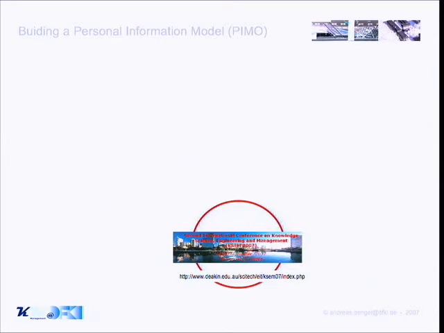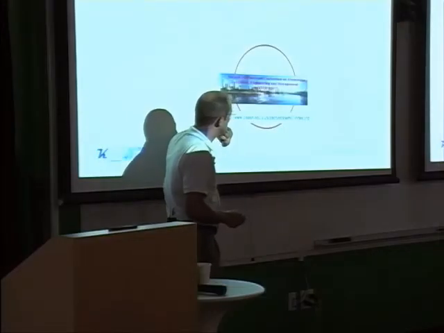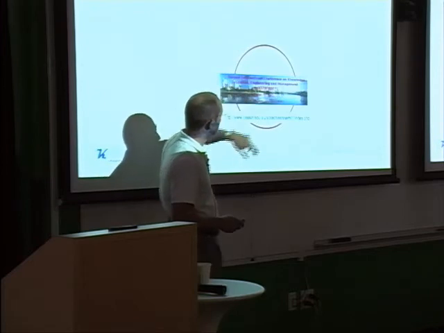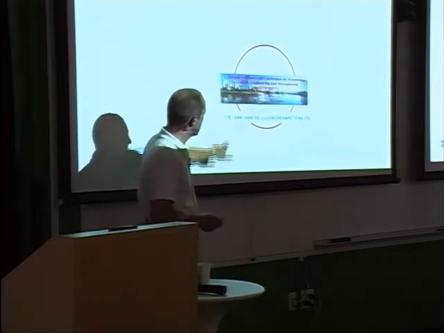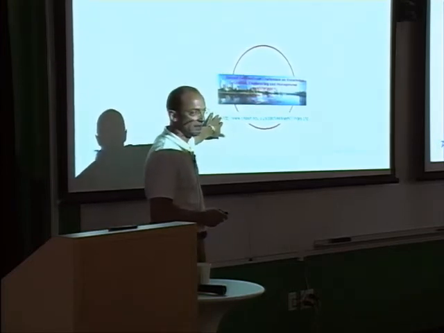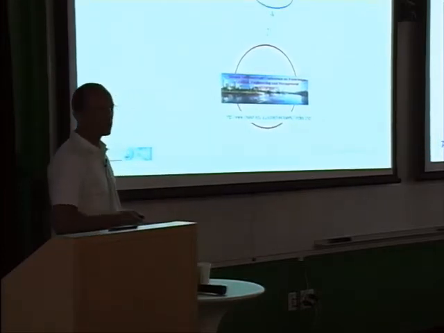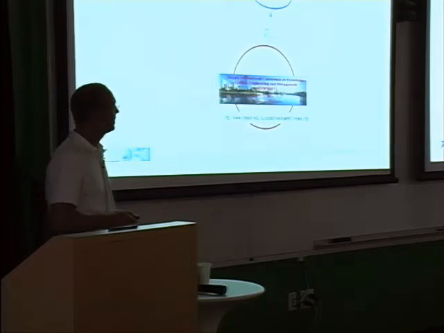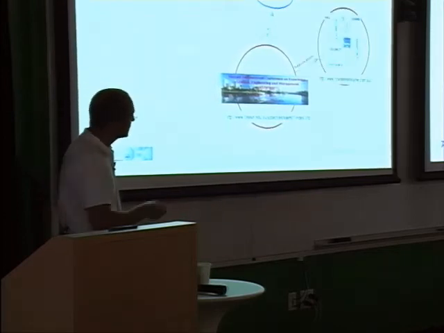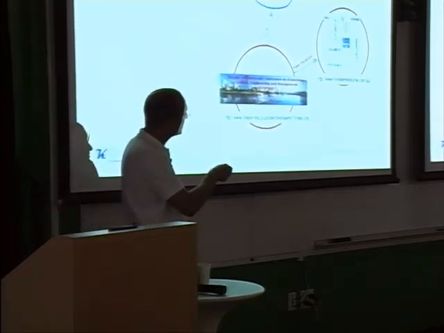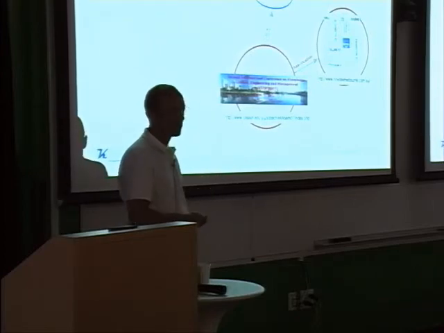We call it PIMO. And to give you an example, we have this announcement, for example, where I have to give a talk very soon, of the CASEM 2007, and we have this URI. And if we have an RDFS class, we can say that this is an event. But furthermore, this also has a certain location, which also has another URI.